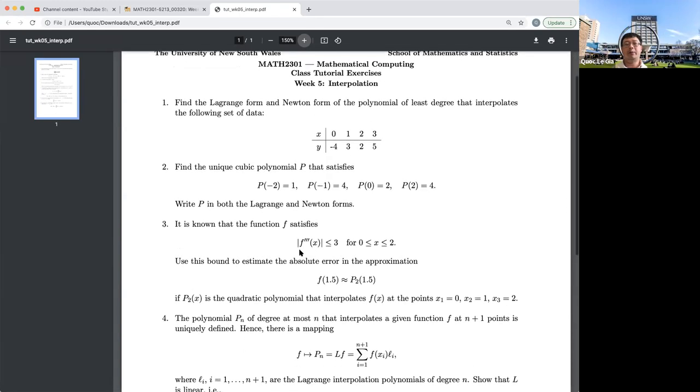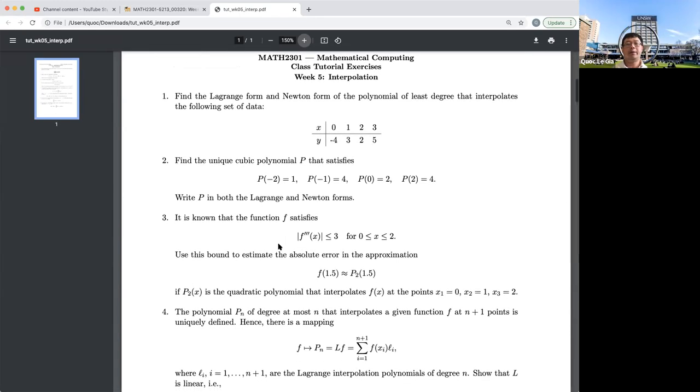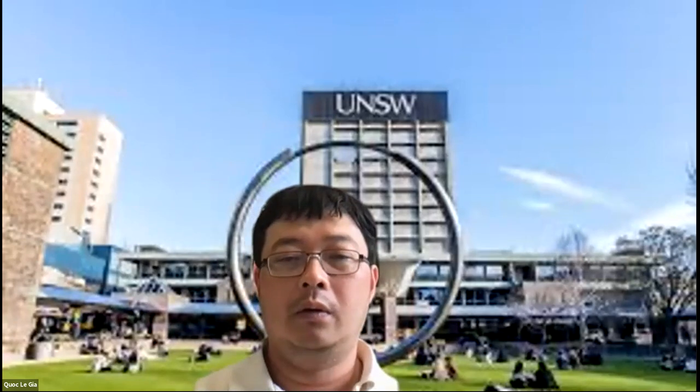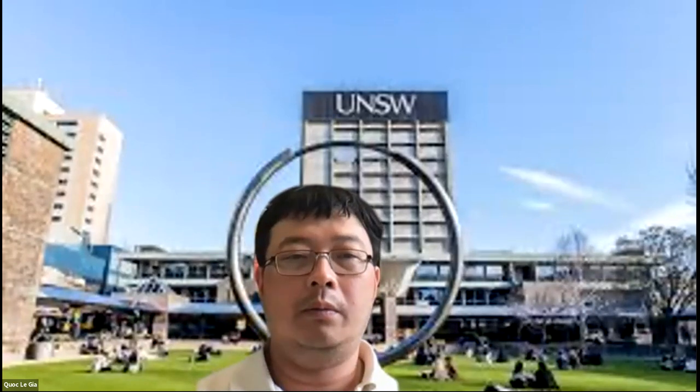Okay, so how about number 3? So number 3 is about the errors between the approximation, the interpolation polynomials, and the exact function. Yeah. So now we do number 3.